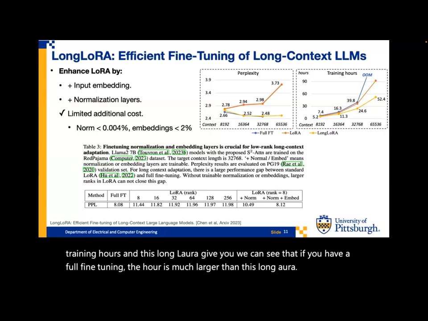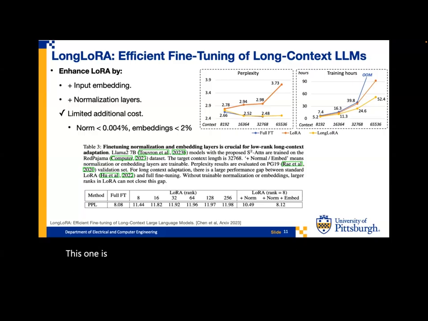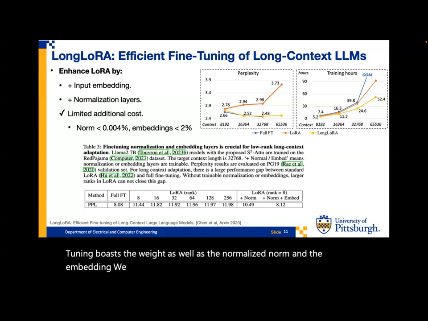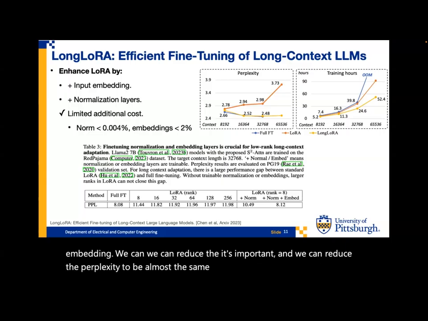This one basically is trying to show that by tuning both the weights as well as the normalization and the embedding, we can reduce the perplexity to be almost the same as the full fine-tuning.